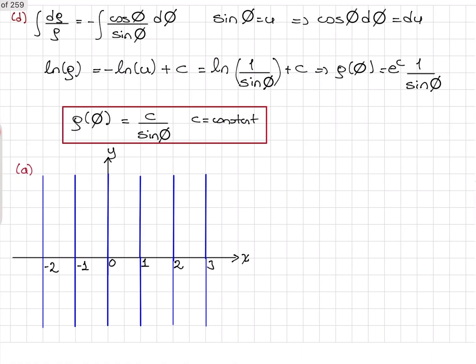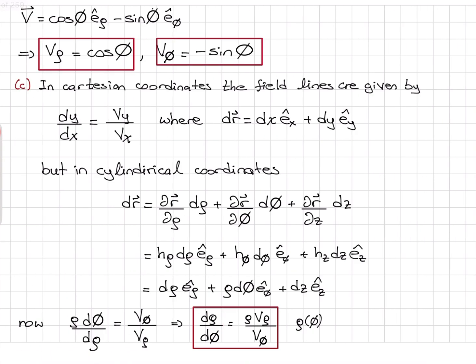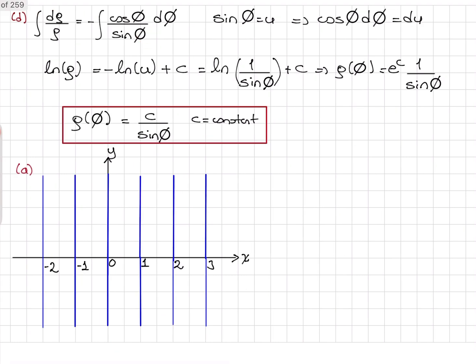And we can solve this equation by collecting rho terms on one side and phi terms on the other side, where v rho is also a phi term, it's cosine phi. V phi is minus sine phi multiplied by d phi, and then we integrate both sides, and this gives us rho of phi. By doing a sine phi equals u substitution, I recognize this to be minus integral du over u.